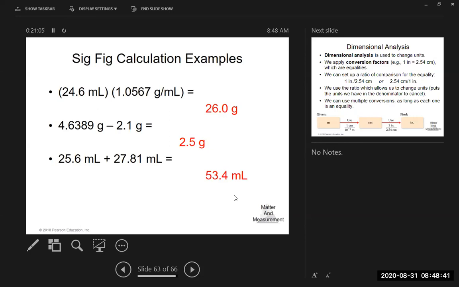Because in that case, you'd be adding or subtracting one number that had nothing past the decimal and another number that had one thing, so it would be the least one. So even though in your calculation you're not rounding, you still have to be cognizant of how many digits you're dealing with. Okay. Does that make any sense? Yeah. Okay.